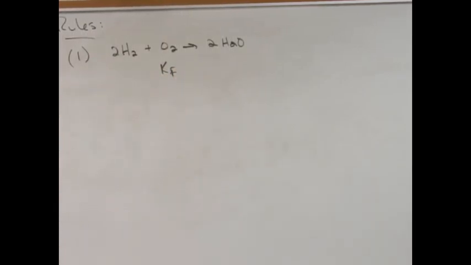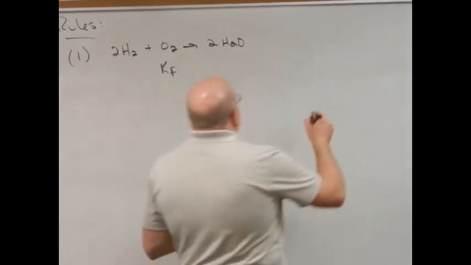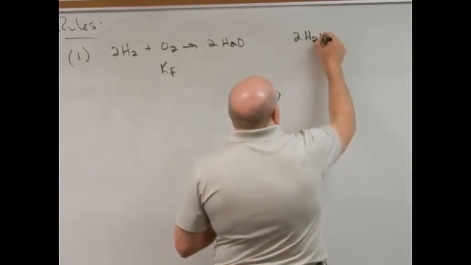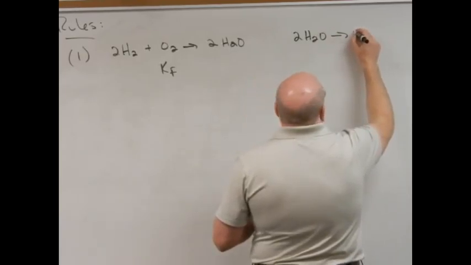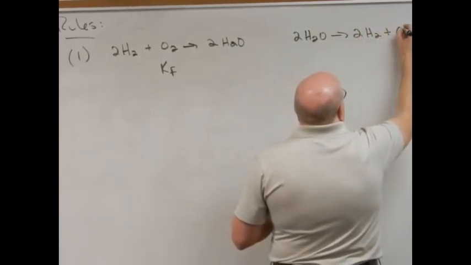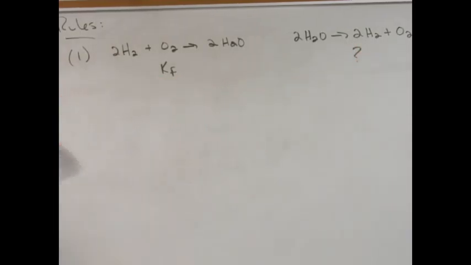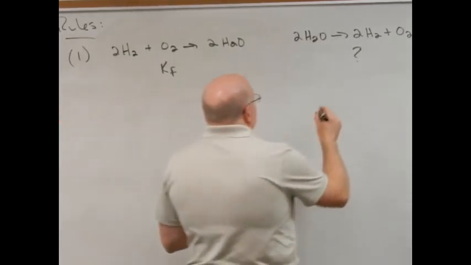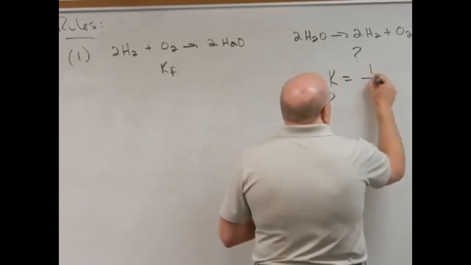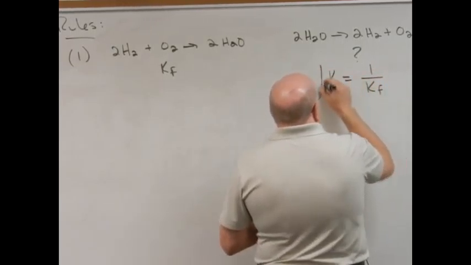If you want to know what that equilibrium constant is not for the forward, but for the reverse reaction, and ask you what's the equilibrium constant for that, because we are simply changing the direction, this K would be 1 over the initial one.